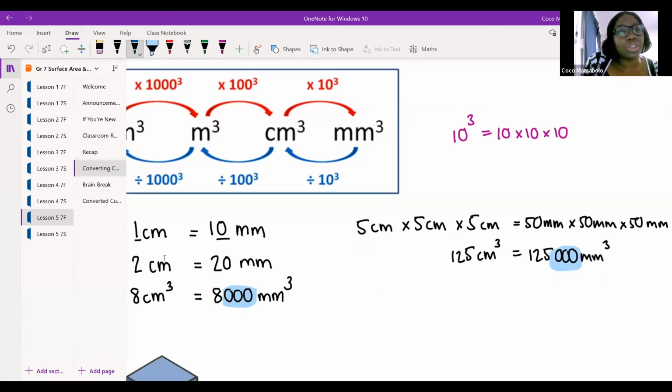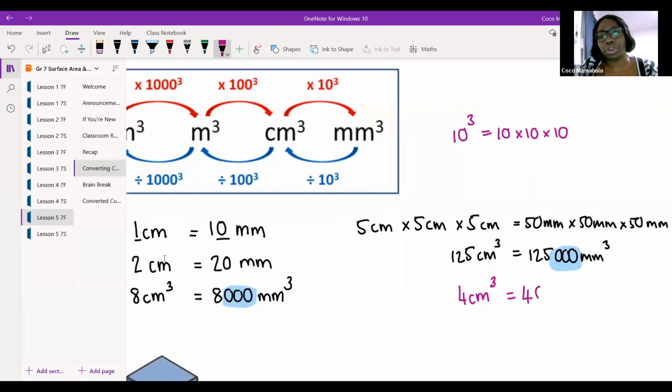So if I tell you guys that I have 4 centimeters cubed, all I'm going to do is take 4, and then what am I going to add to 4, guys? I'm going to add 0, 0, 0. 3 zeros.